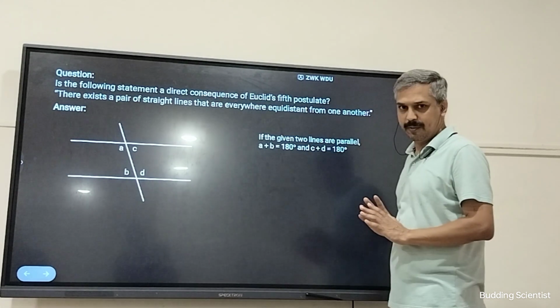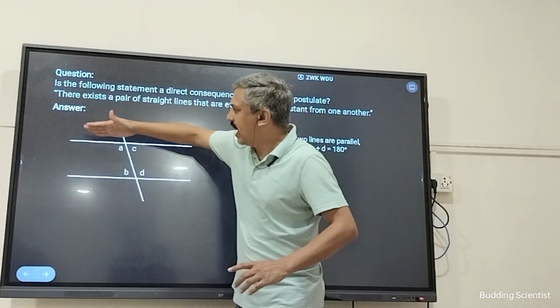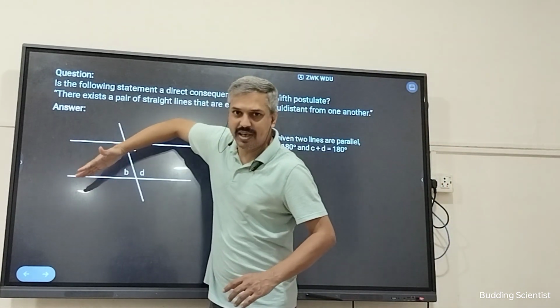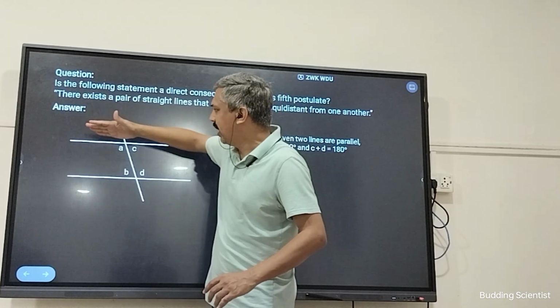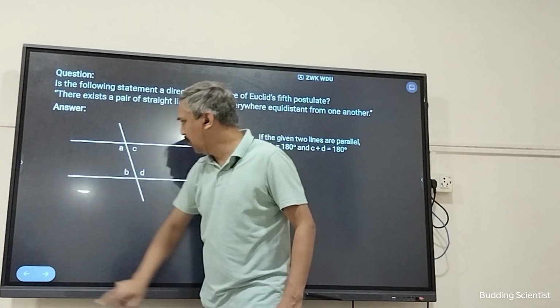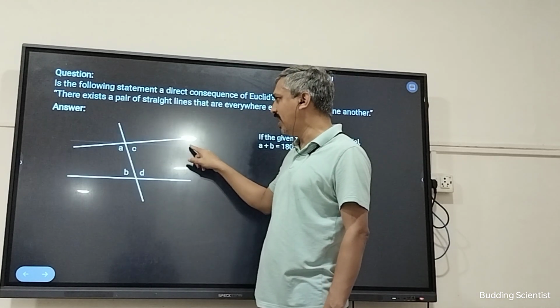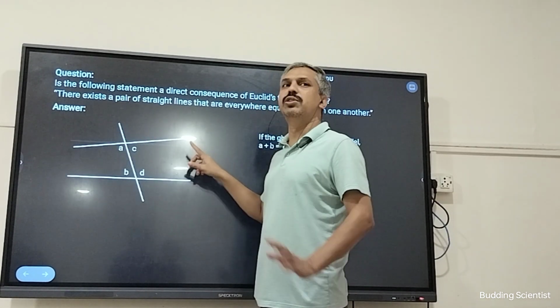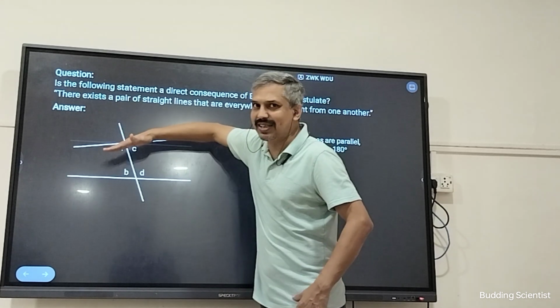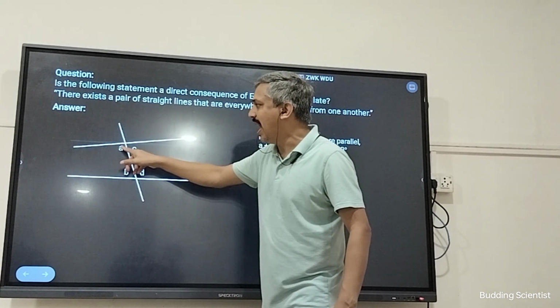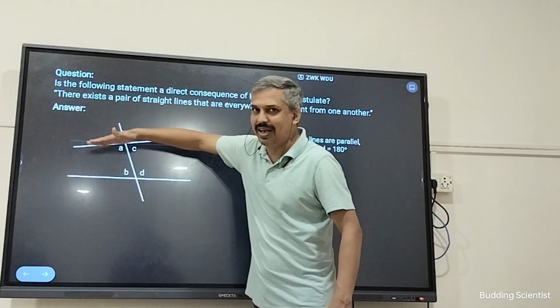Supposedly the upper line was slightly bent on this side. See, it is bent like this, and you see the faint line behind is the original line. If the line is bent slightly, then you clearly see the angle A must have been reduced slightly.